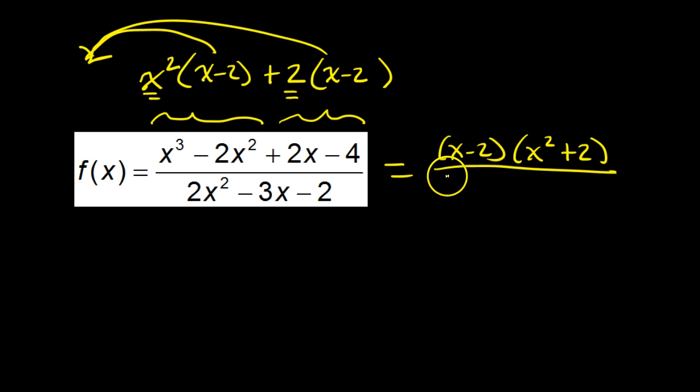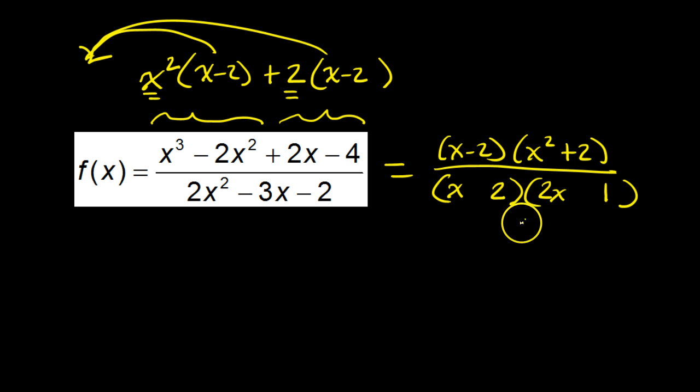Now we need to factor the denominator. Now 2x squared can only factor as x times 2x. 2 can only factor as 2 times 1. Or it might be 1 here and 2 here. We'll see. Now we know that inner plus outer equals middle.